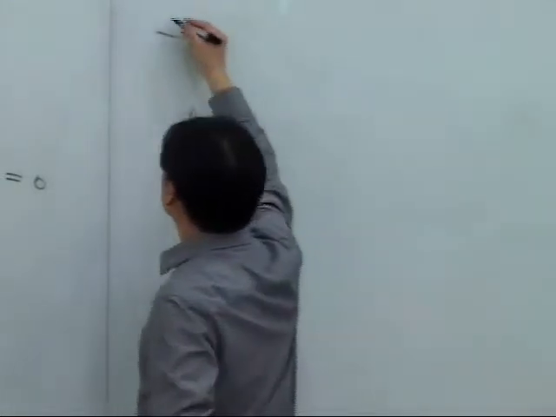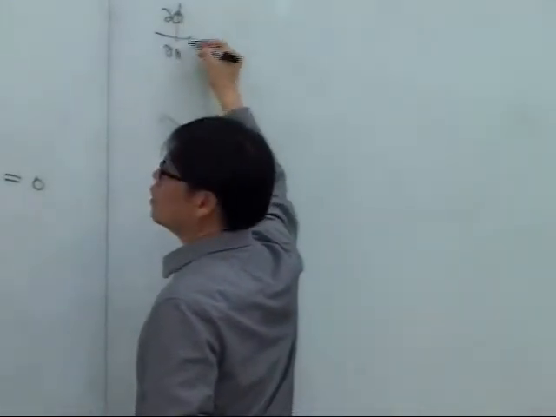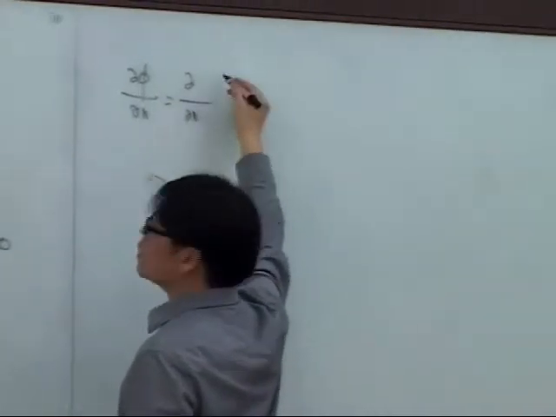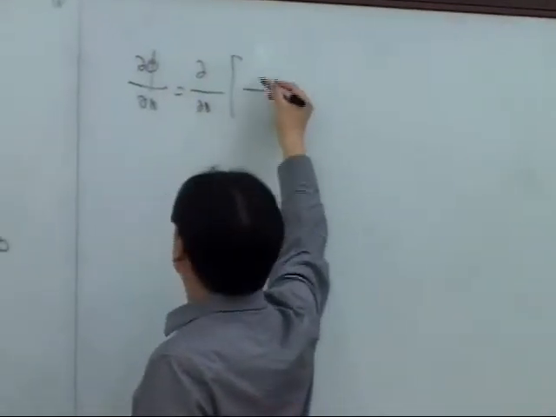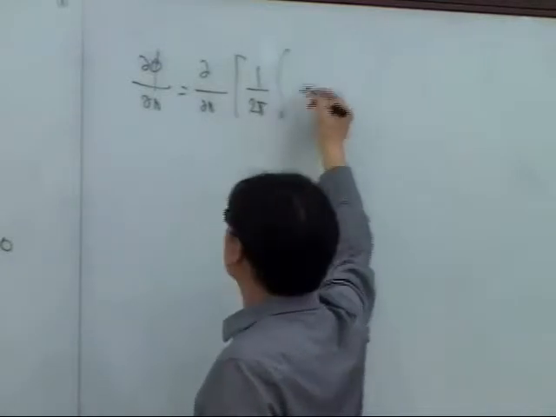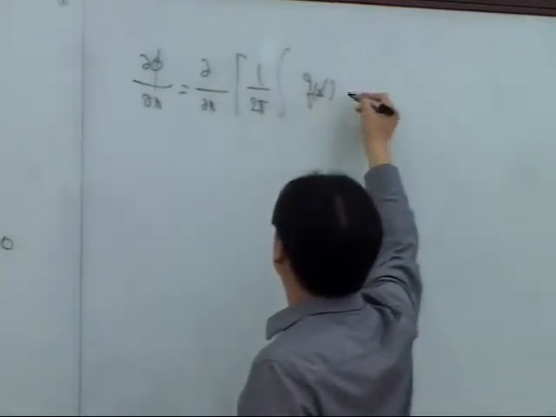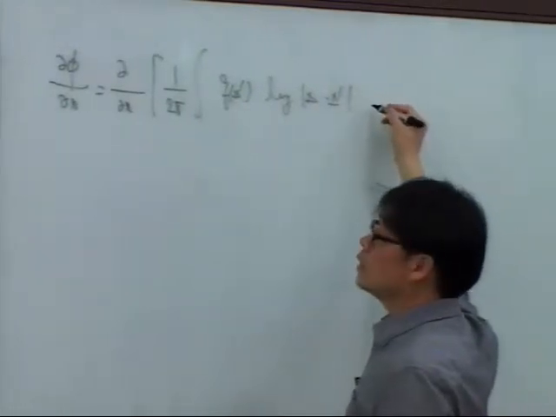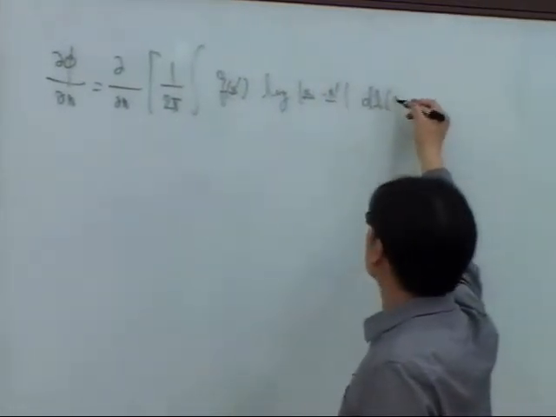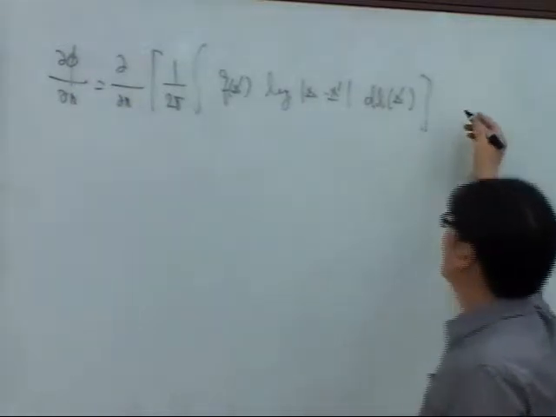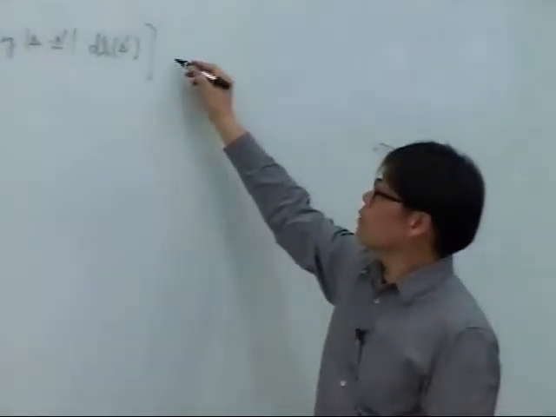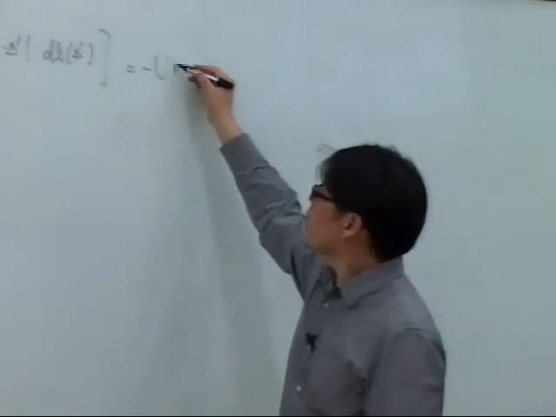So when I take the n derivative, I have 1 over 2 pi, d dn of Q(x prime) log of |x minus x prime|, dl(x prime). That has to be minus U n_x.